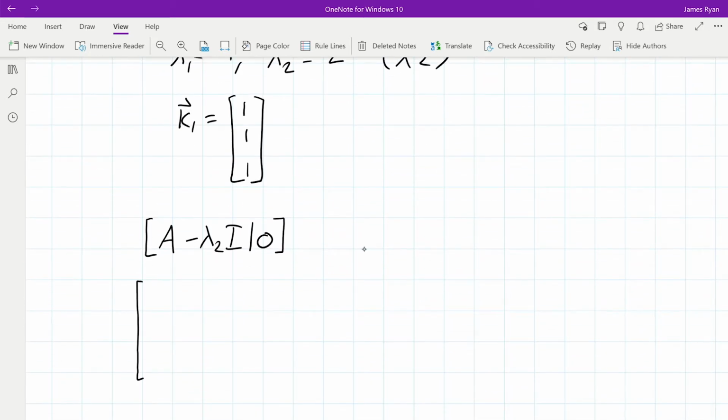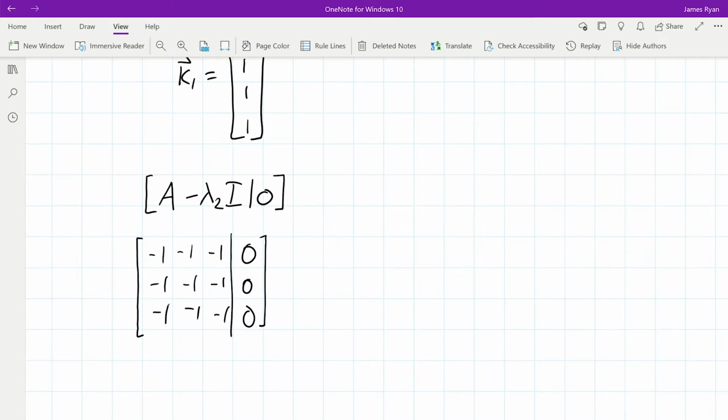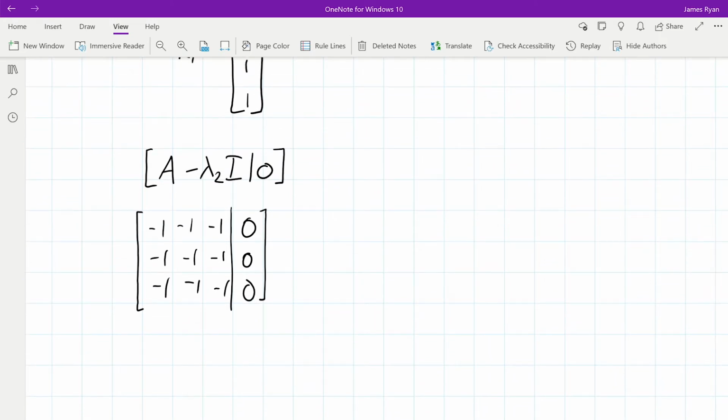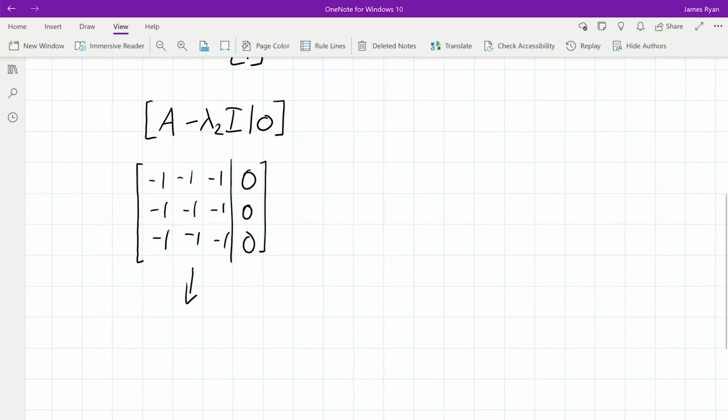So we'll have -1, -1, -1, -1, -1, -1, -1, -1, -1, augmented with 0, 0, 0. And so here, of course, we can actually eliminate 2 rows. We will do a sequence of row operations. Basically, all we'll do is multiply the first row by -1 and then add it to the other 2 rows. And that will give us 1, 1, 1, 0, 0, 0, 0, 0, 0, 0, 0, 0.